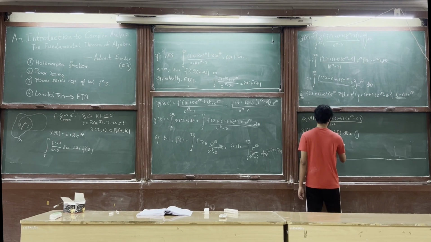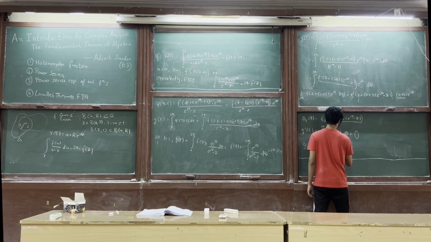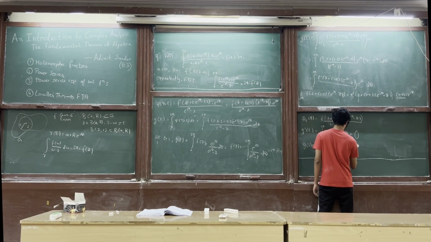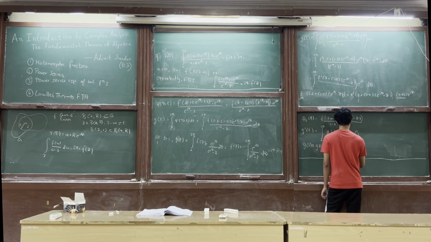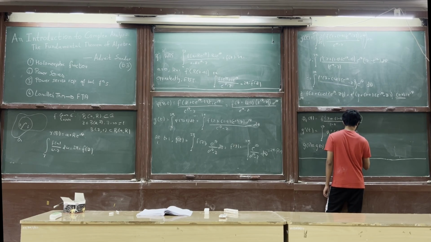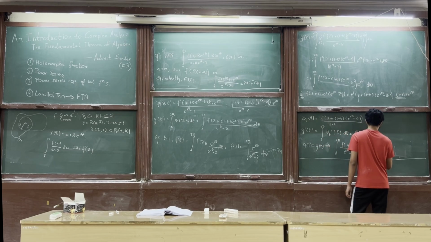Evaluating at 1 and 0, we see that the integral from 0 to 2 pi of f of e to the i theta minus z is 2 pi i.